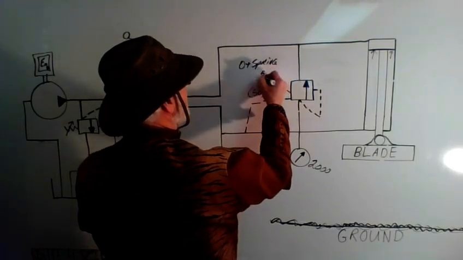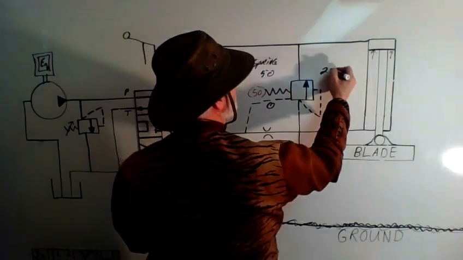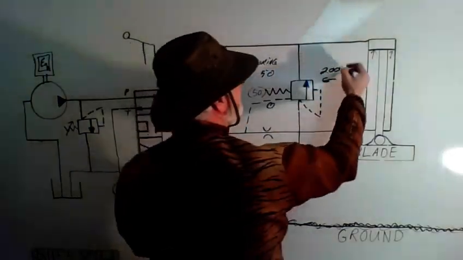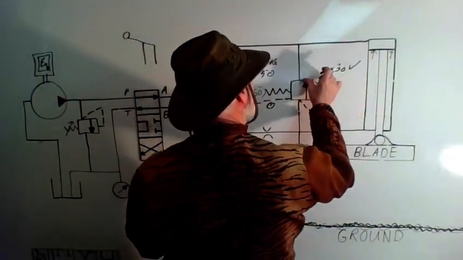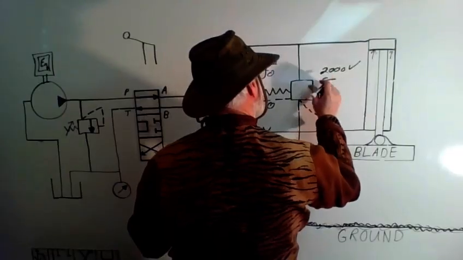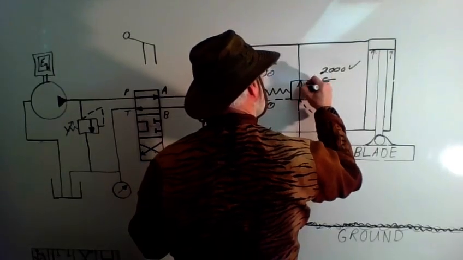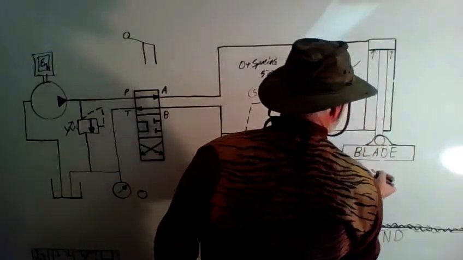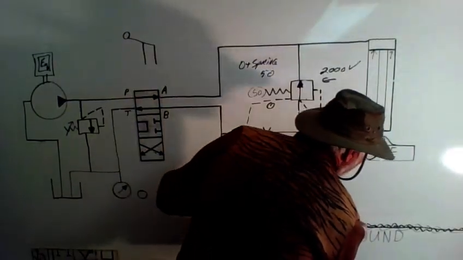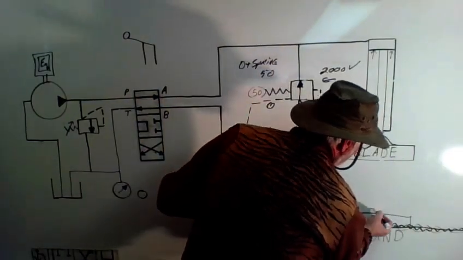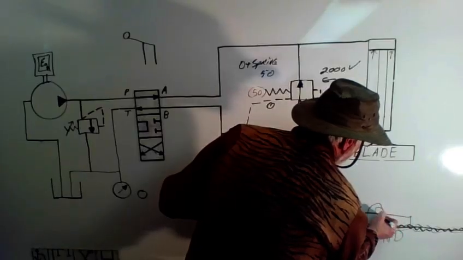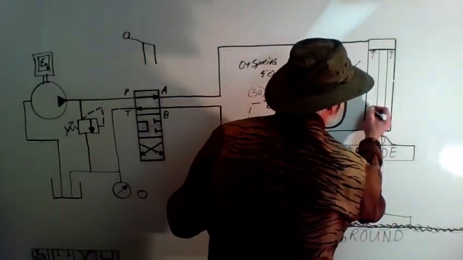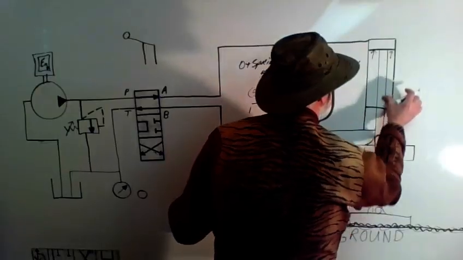My spring is only 50 versus 2000 working this way. Pretty sure this is going to win now and physically shuttle this over. Boom. Instantly. And that blade will instantly go right down to the ground.